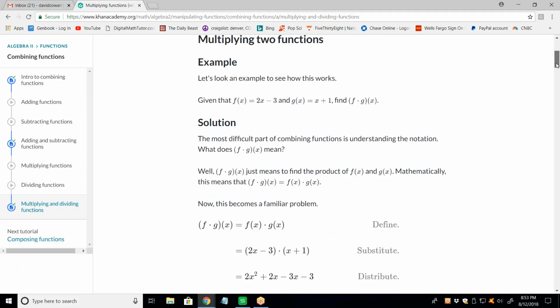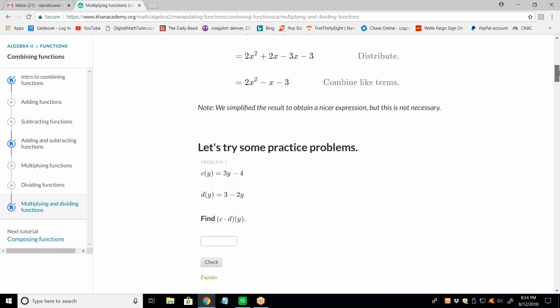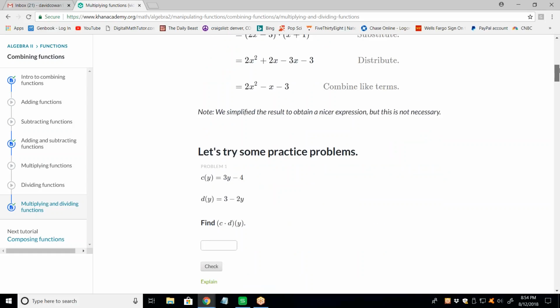So when you're multiplying stuff, you want to use FOIL. Notice that this first example is a linear term, 2x minus 3, times another linear term. Both of them are binomials. So we're going to multiply every term by every term, and we get down to that as our answer.